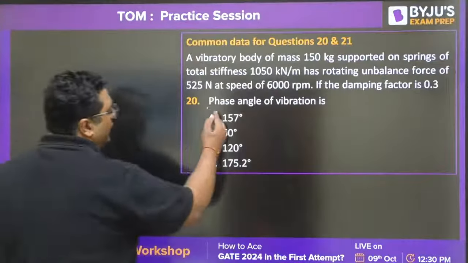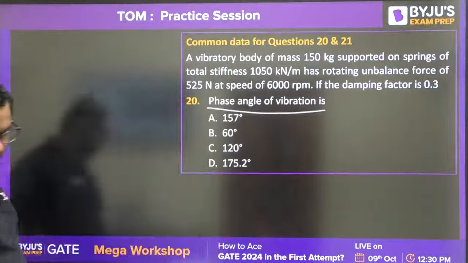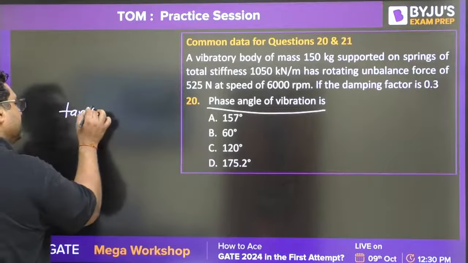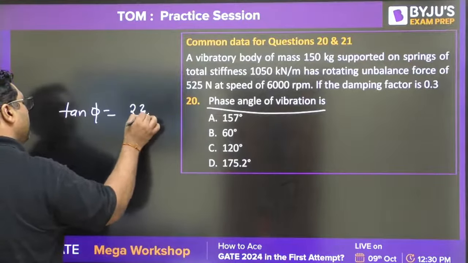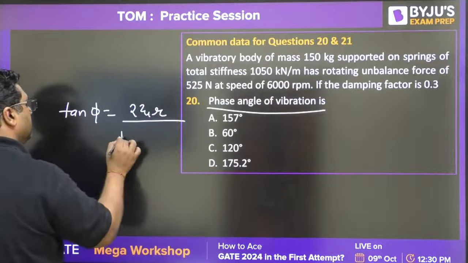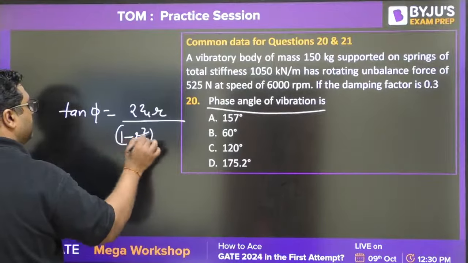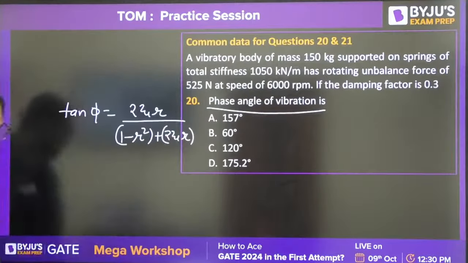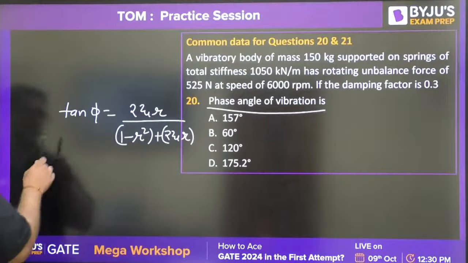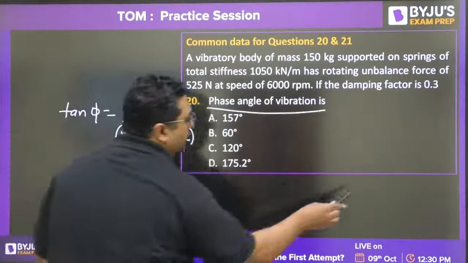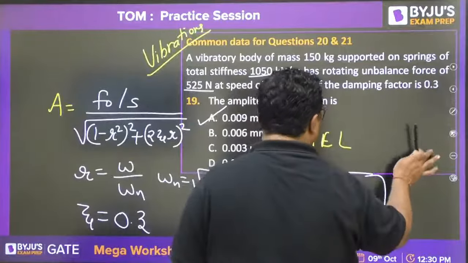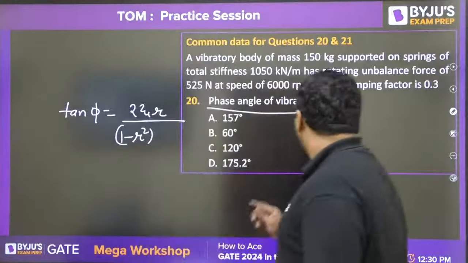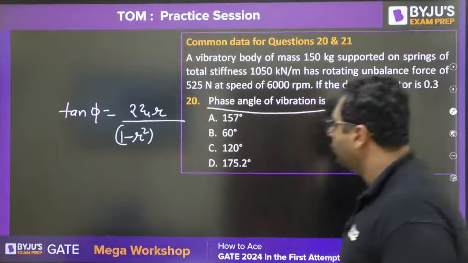Here you need to find out the phase angle. Tangent phi is 2 zeta r divided by 1 minus r square. This will be the formula.